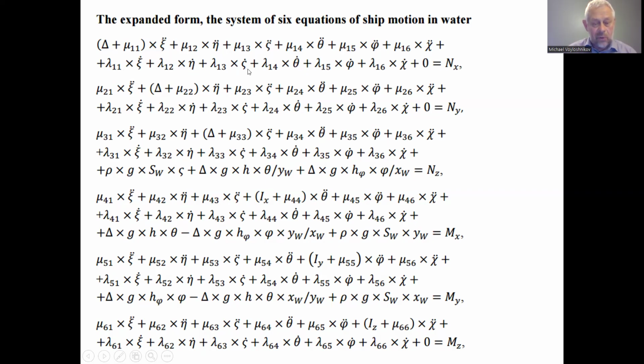This is the ship's vertical motion along the applicate axis, the velocity, first derivative of zeta, and this is the first derivative of pitching, first derivative of yaw, that is, all the velocities.